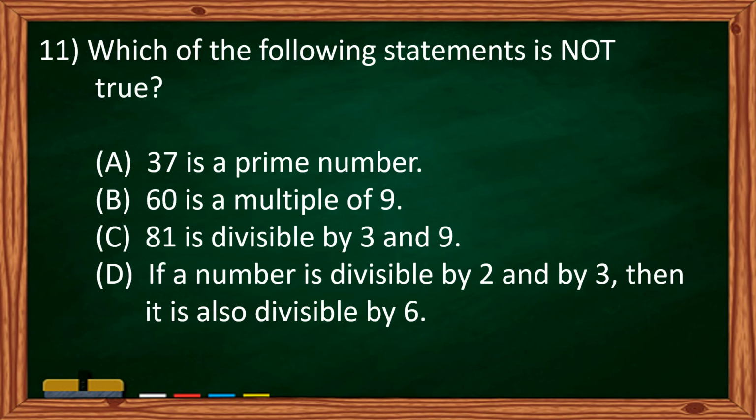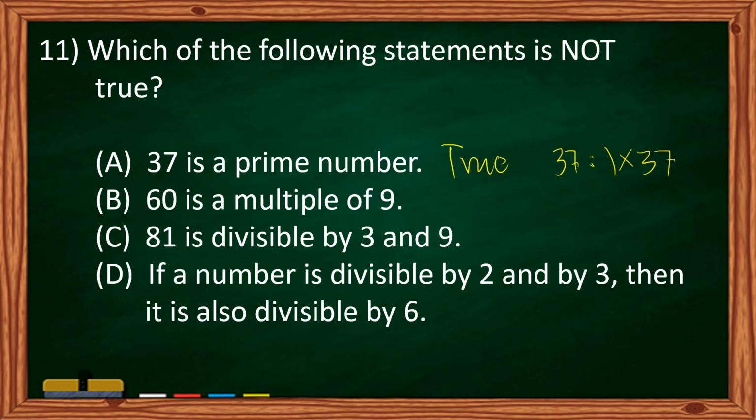For number 11, which of the following statements is not true? Okay, so 37 is a prime number is a true statement. 37 is a prime number because its factors are 1 and itself. 60 is a multiple of 9.